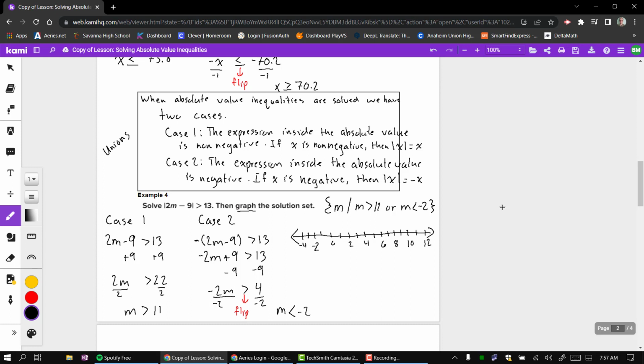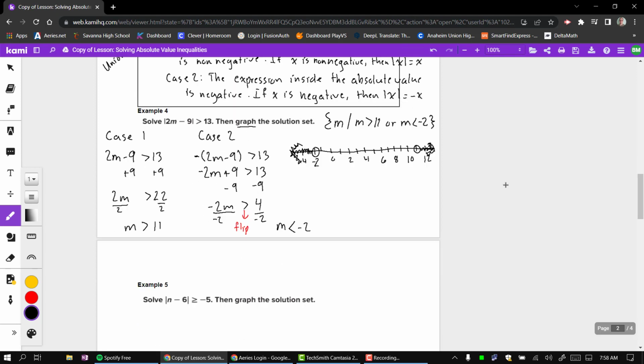So I want values that are bigger than 11. So it's going to be an open circle at 11 because it's greater than 11. And I want values that are less than negative 2. Again, another open circle because it's just less than. And that would be the graph for this absolute value inequality.